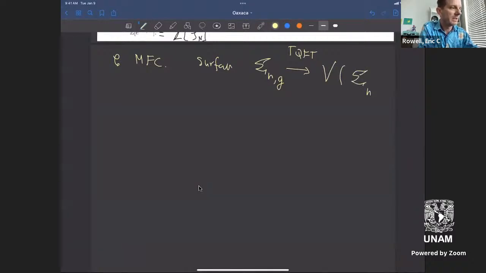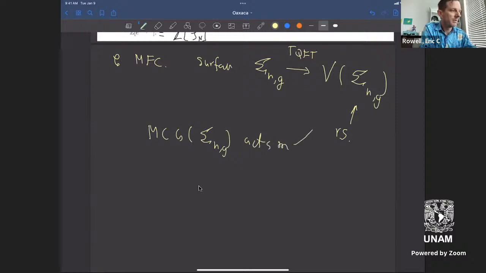And I kind of explained a little bit of how to do that. Maybe I should have said more, okay? And so this is a vector space. Now, it turns out that the mapping class group of this surface will act on this vector space. Okay? This is for any surface.